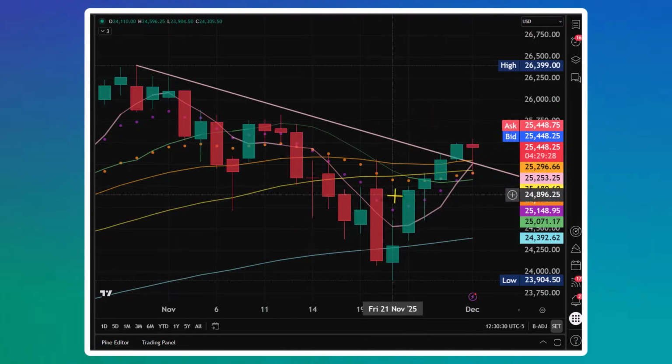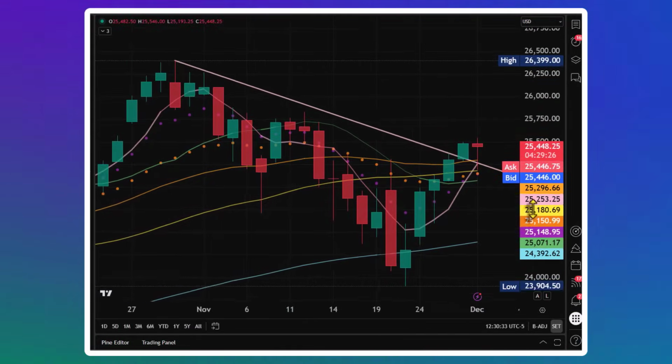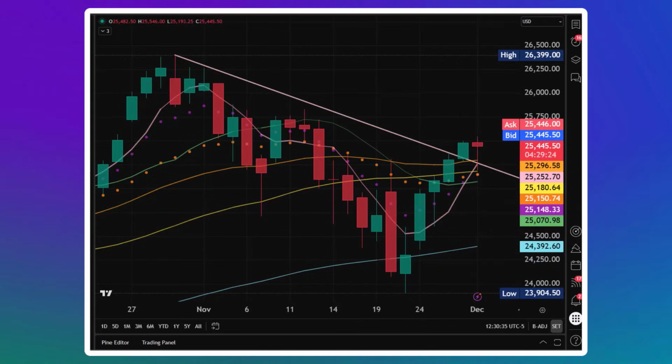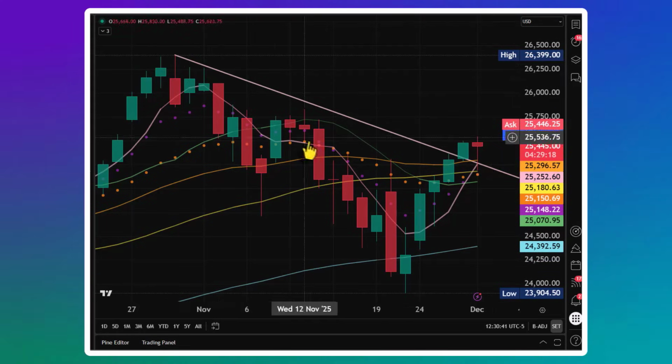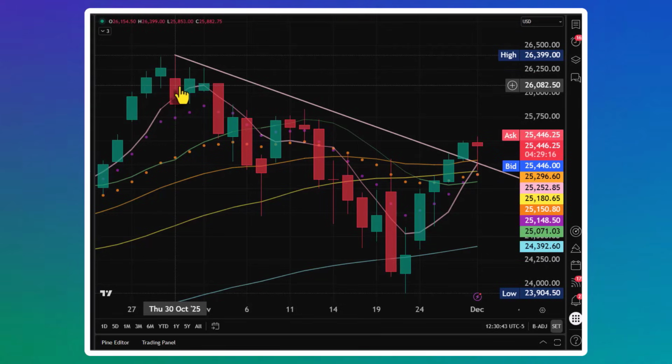This is the NQ futures on the daily. And you can see that we are breaking above this little downtrend that we've had since the end of October highs.